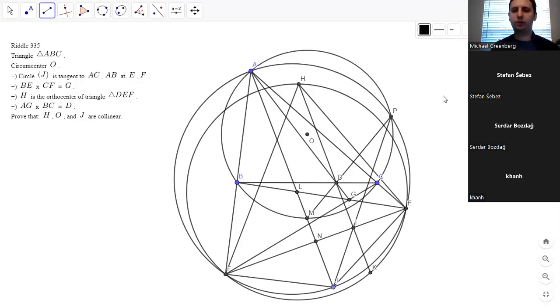Did you prove it, or is it something you noticed? From Serdar's proof, we can also do this. Also by the Apollonius circle. Oh yeah, because PB over PC is also BF over CE, so you get the same proof. And then BDF is similar.